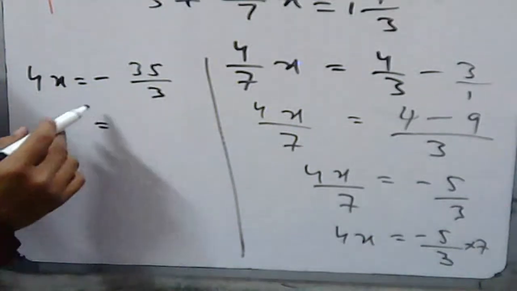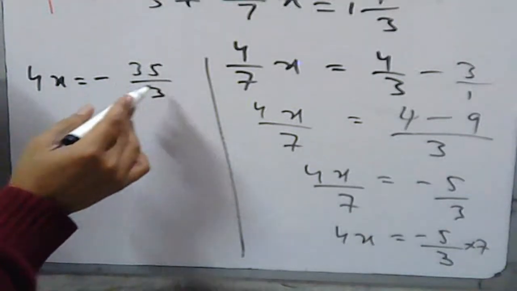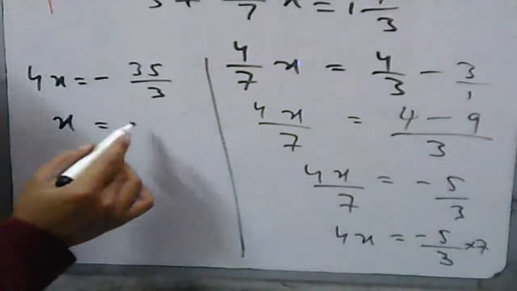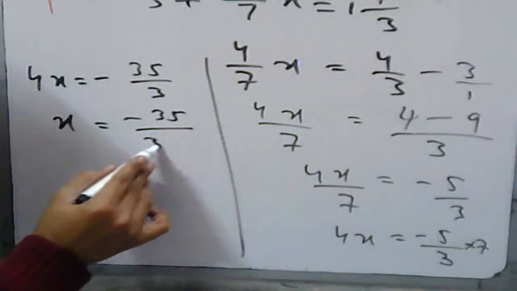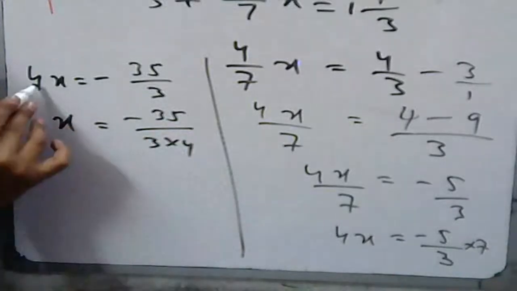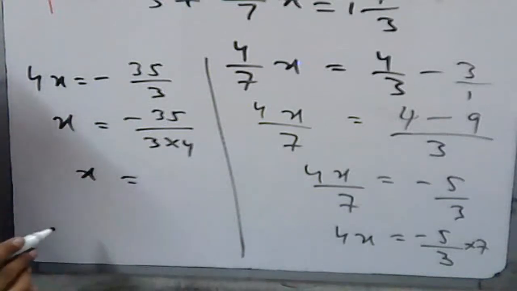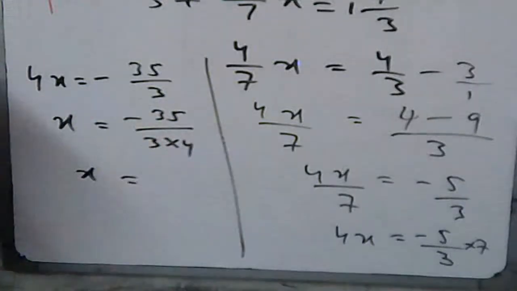So you need the value of x. So 35 divided by 3 multiplied by 4. By using cross multiplication you need the value of x, so shift 4 here. So you will get, if cutting is possible then do it, otherwise not possible.